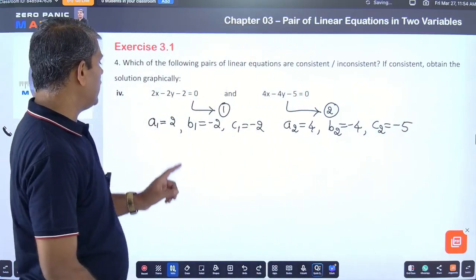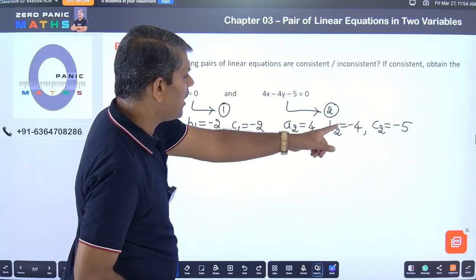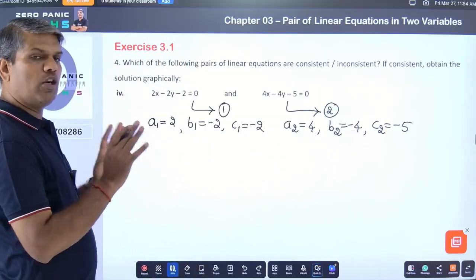By looking at the values, you can see 2 by 4 is 1 by 2, minus 2 by minus 4 is also 1 by 2, but minus 2 by minus 5 is not equal to that.